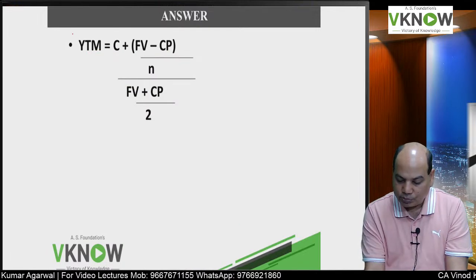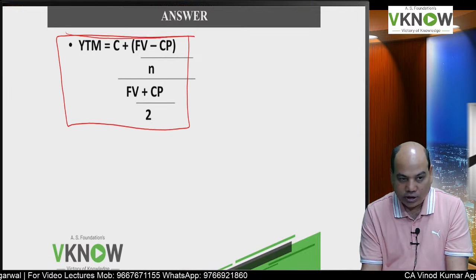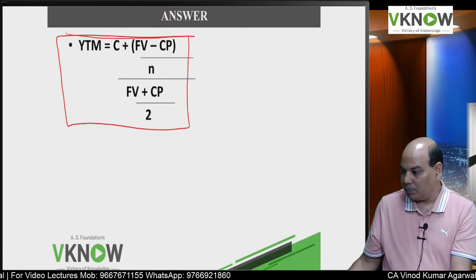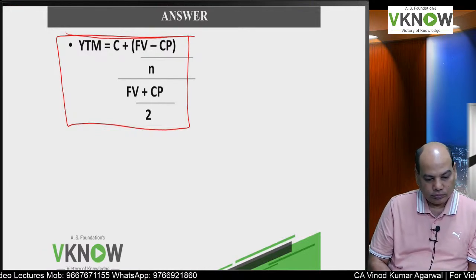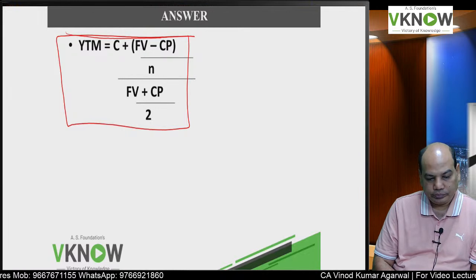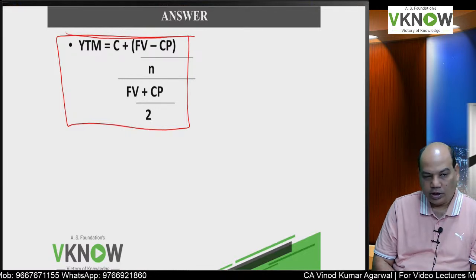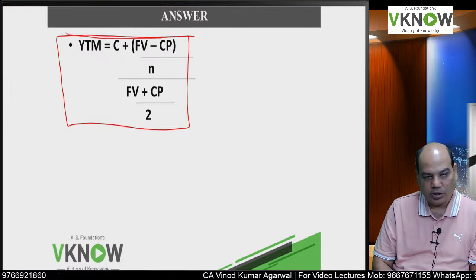So I will first compute YTM. If YTM is more than 11%, I will be happy to buy this bond. So start. YTM is equal to C plus FV minus CP upon N upon FV plus CP by 2.